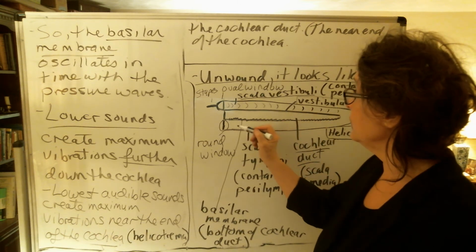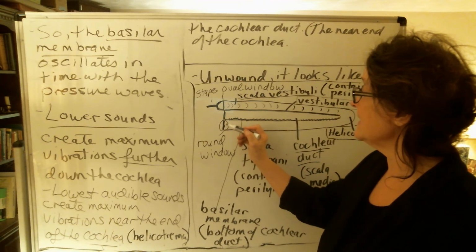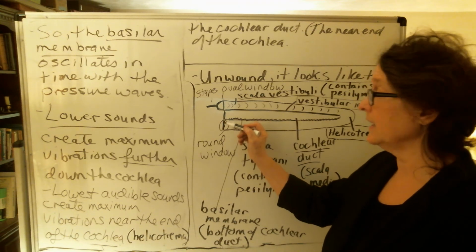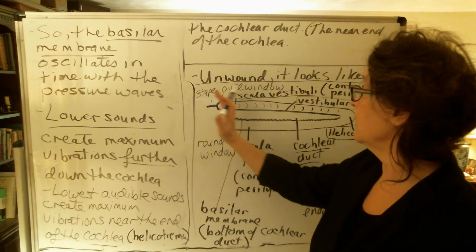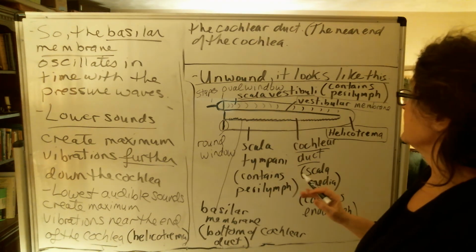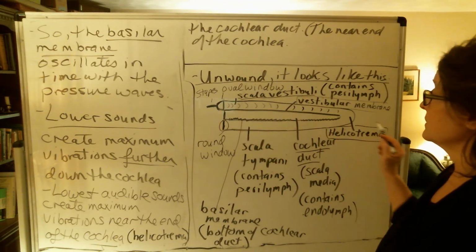And then eventually, you may recall, this is where those vibrations finally die out, basically by having the round window oscillate. That's what dampens everything so that you can get new sounds coming in.